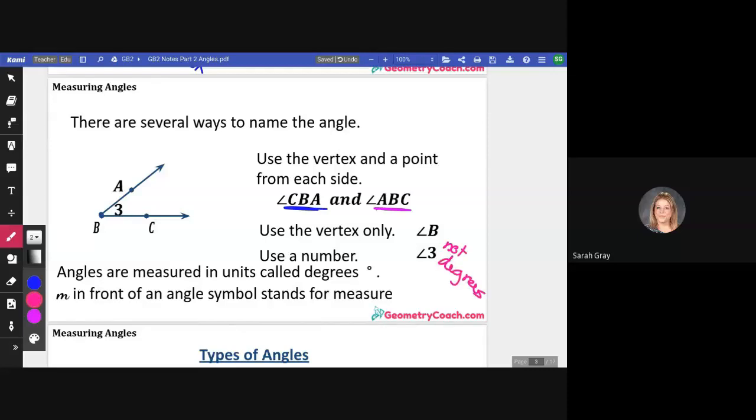This is not a 3-degree angle. This is just angle number 3. Now, here's the example of when there's multiple angles coming out of the same spot. Just allows you to name it faster.